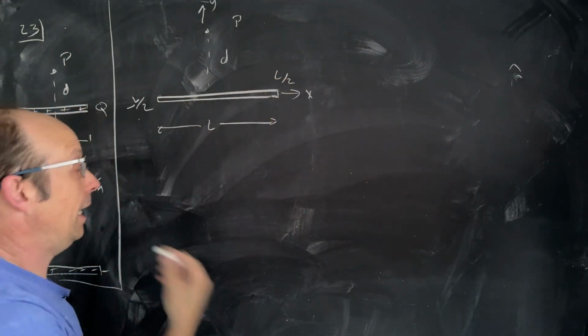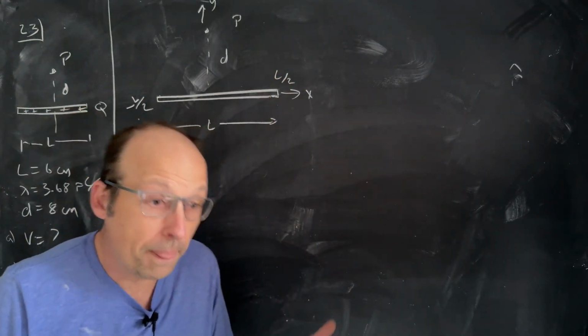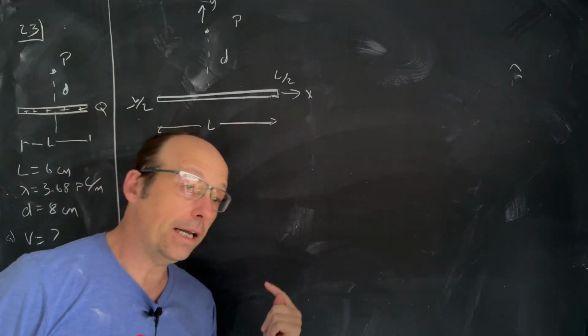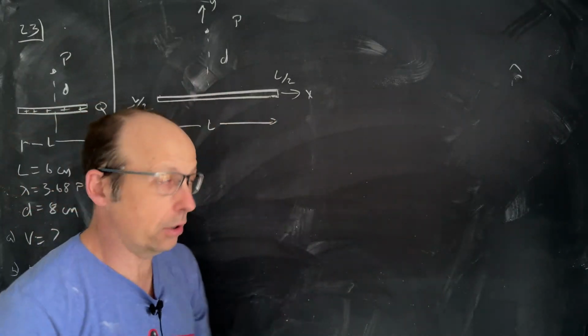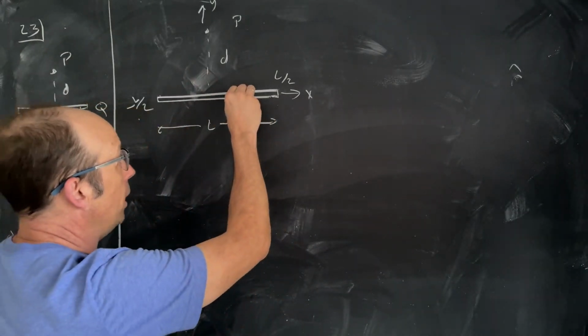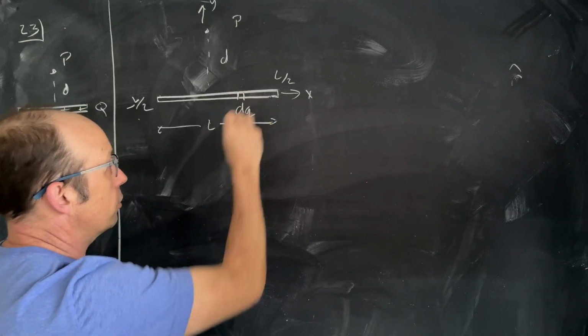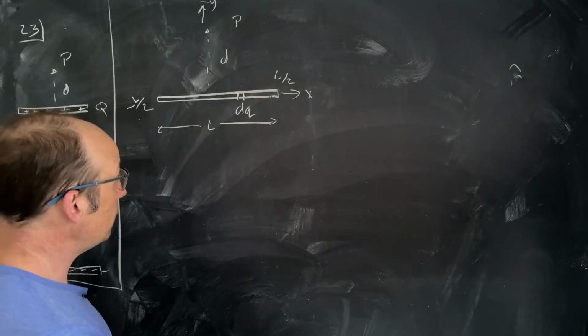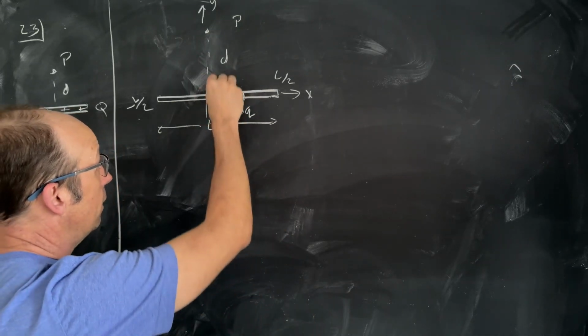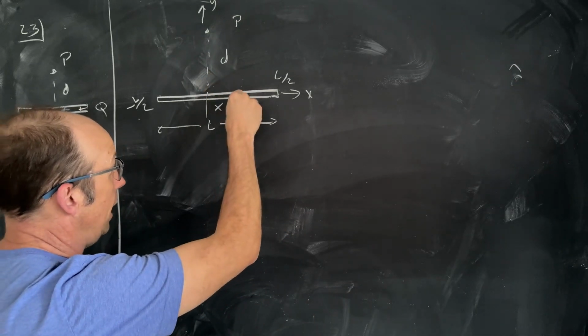Now, I can't find the potential due to a rod. I can find the potential due to a point charge. So if I break this into points, dq, I'll write it down here. There's my little point charge dq, and it's located at a generic position x, right?